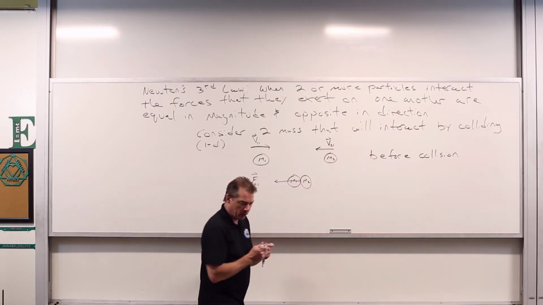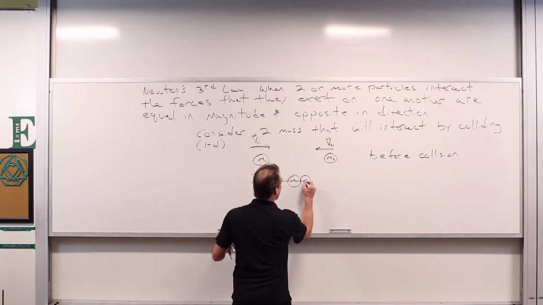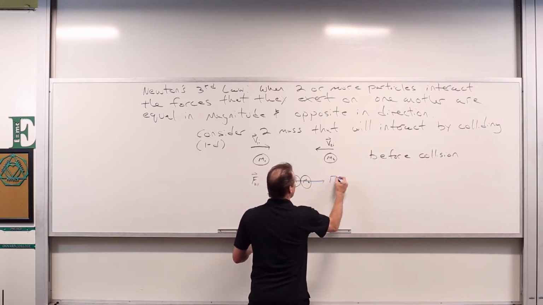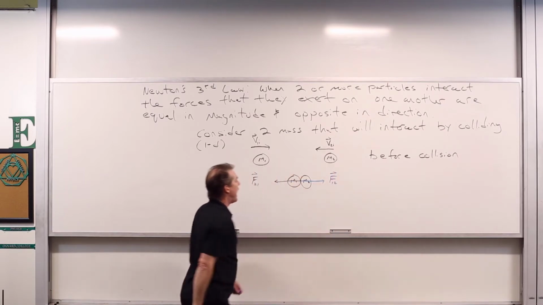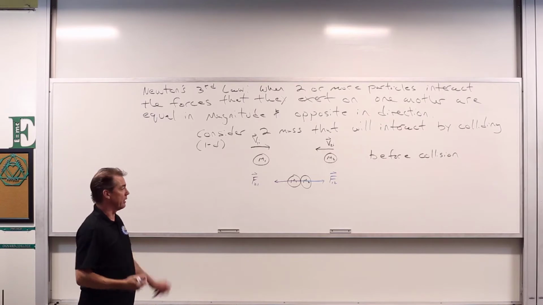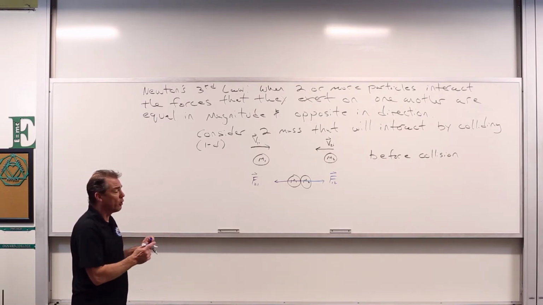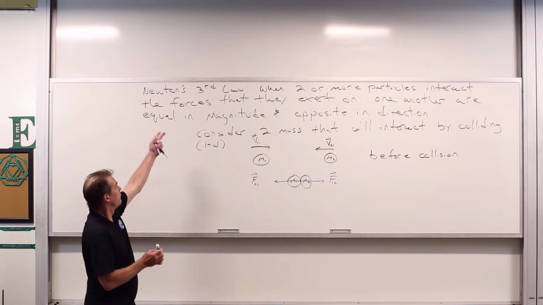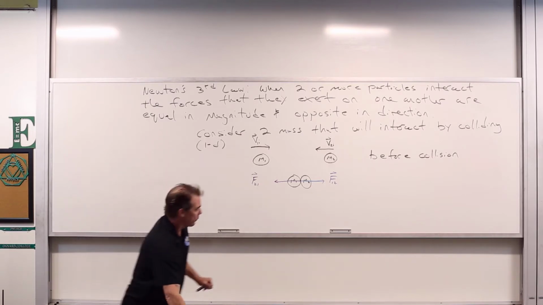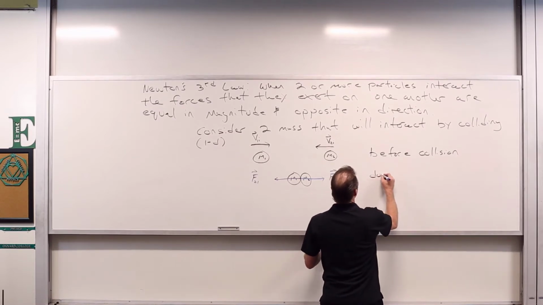And then we've also got this force on M2 due to M1, we'll call that F12 hat. Those are the forces of interaction, and we note that those forces are equal in magnitude, opposite in direction via Newton's third law. So this is during contact, or during collision.